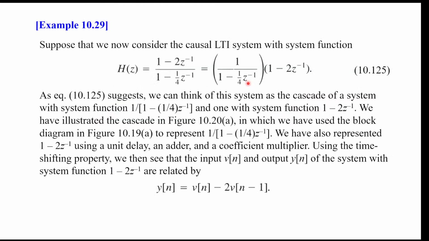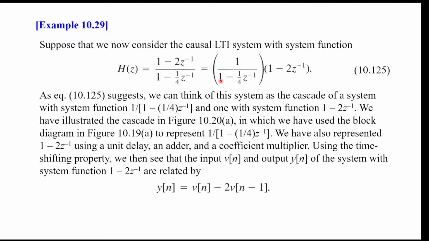Let's see a more complicated system function and how we can express it as a block diagram. We have H of z, once again a rational function of z minus 1: H of z equal to 1 minus 2 z minus 1 over 1 minus 1 over 4 z minus 1. We can do this in cascade form.